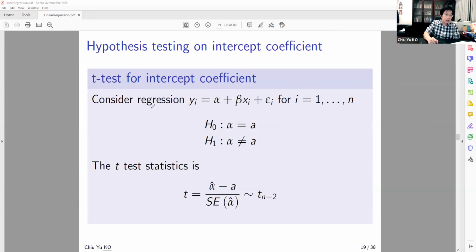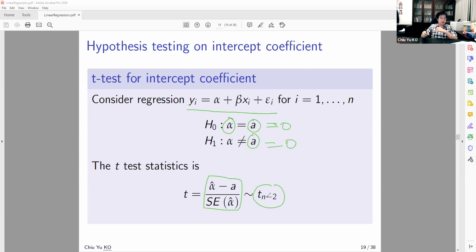So for the regression equation, I want to test the coefficient alpha equal to a or not equal to a. Usually a is 0, for most of our purposes. So we want to test this case and it turns out this is a t, because it's assumed normality, and then we replace by the sample version and everything works out.